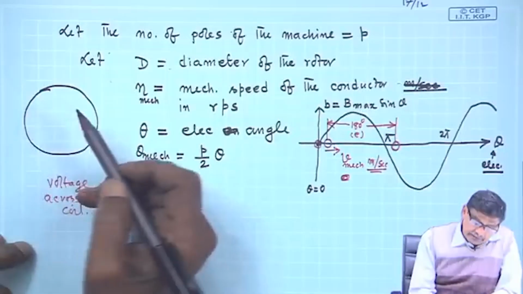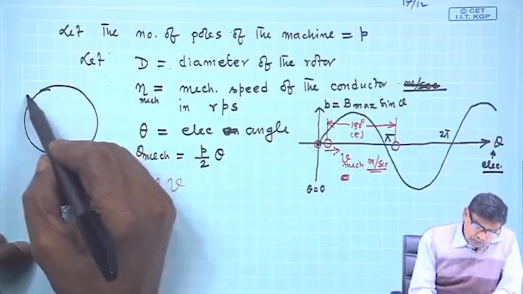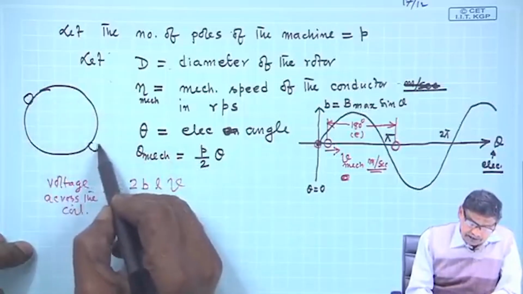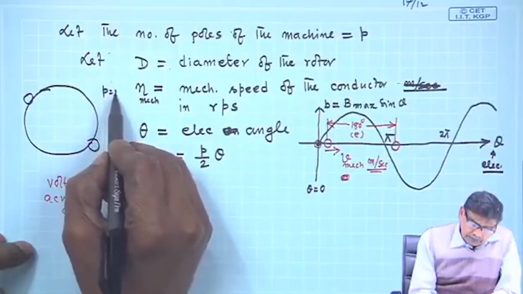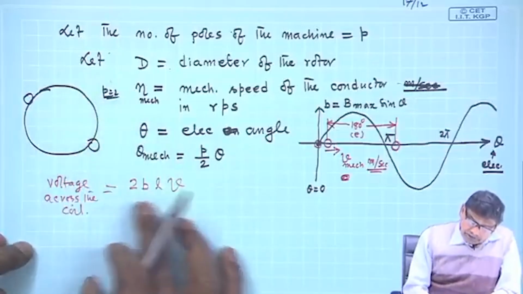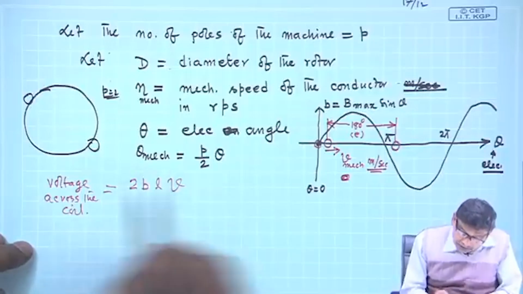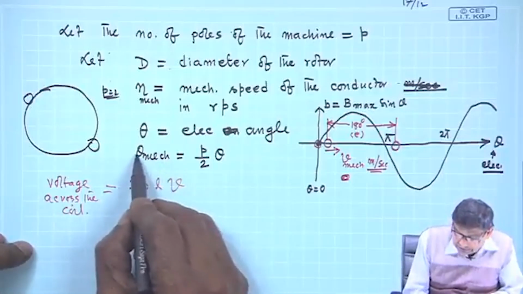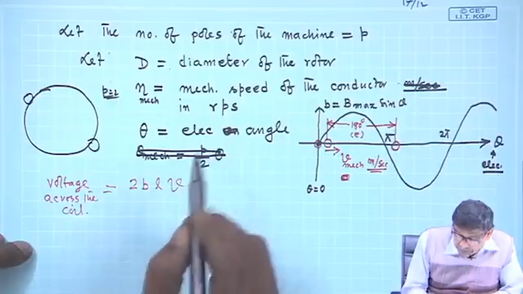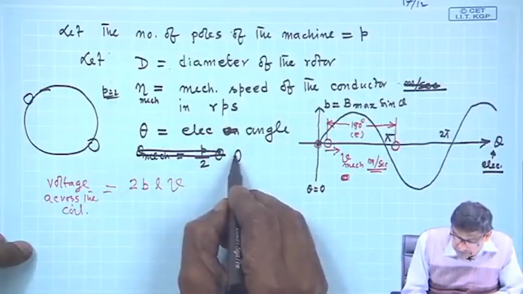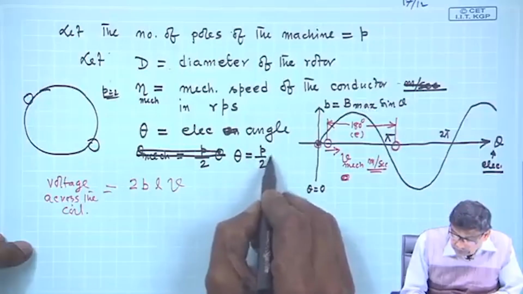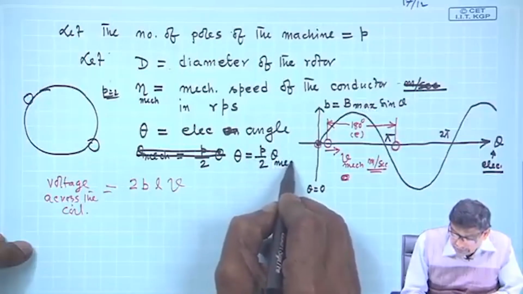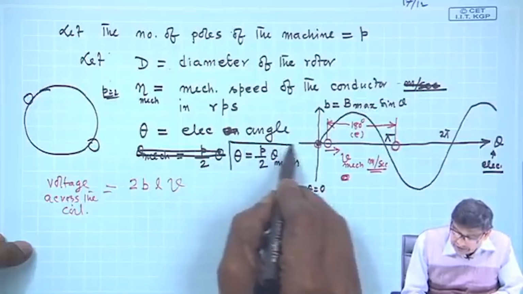If you take a two pole structure, it should be diametrically opposite, that is all for two pole. Anyway, there was some mistake here. You should be very clear: theta electrical angle should be P by 2 theta mechanical. That is very important.